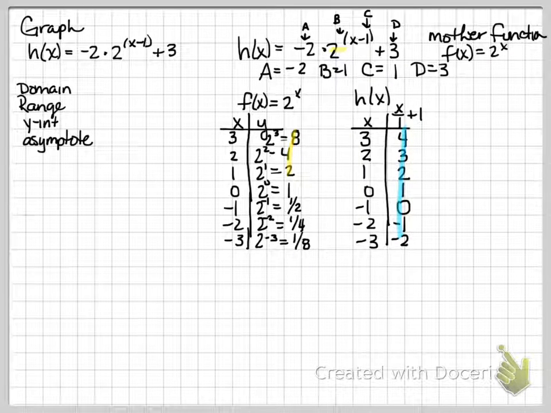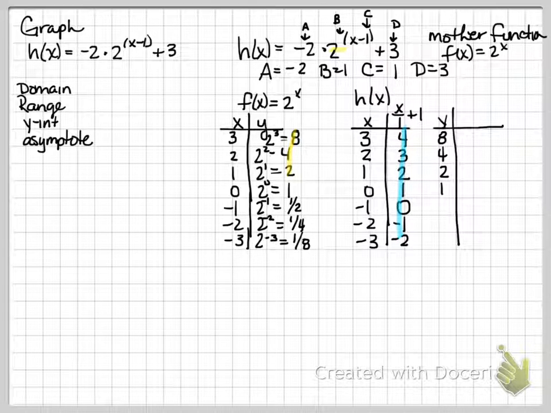Okay. Now we do the same for our y values. And our y values were 8, 4, 2, 1, 1/2, 1/4, 1/8. So we're going to multiply by negative 2 and add 3.